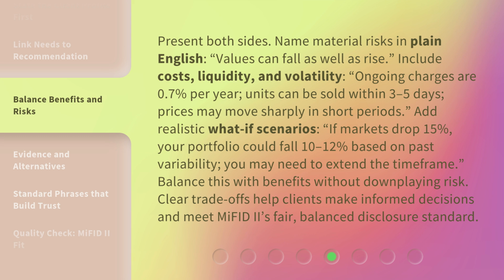Add realistic what-if scenarios. If markets drop 15%, your portfolio could fall 10 to 12% based on past variability. You may need to extend the time frame. Balance this with benefits without downplaying risk. Clear trade-offs help clients make informed decisions and meet MiFID II's fair, balanced disclosure standard.